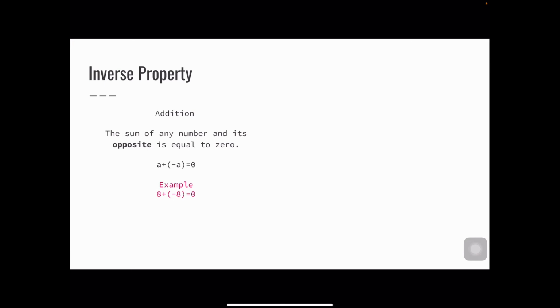Or for example, if I have 8 plus negative 8, that's also going to give me 0. And in this case, negative 8 is what we call the additive inverse of positive 8. The additive inverse of any number is whatever number I can add to it to give me 0. So the additive inverse of 8 is negative 8.